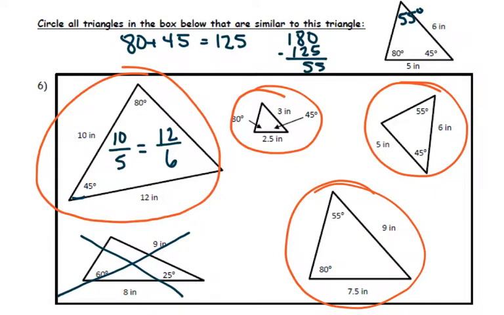Now, to find the scale factor, you do the length of the image divided by the length of the pre-image. So that's what we did here. Length of the image was 10, length of the pre-image was 5, so the scale factor is 2.